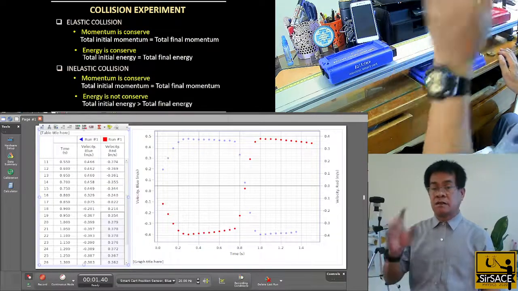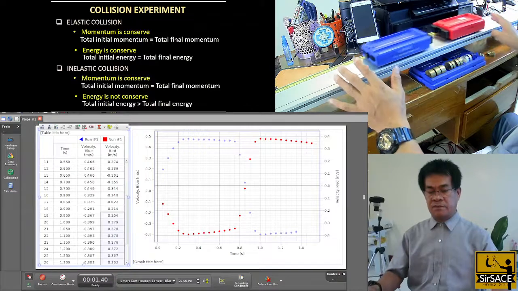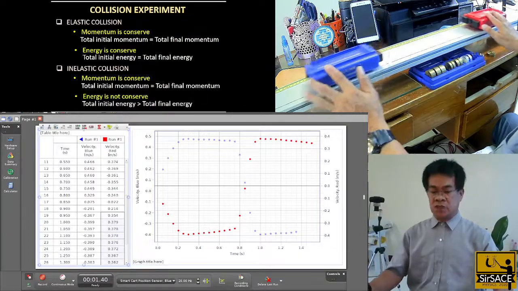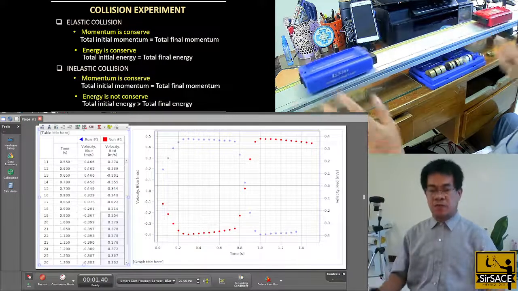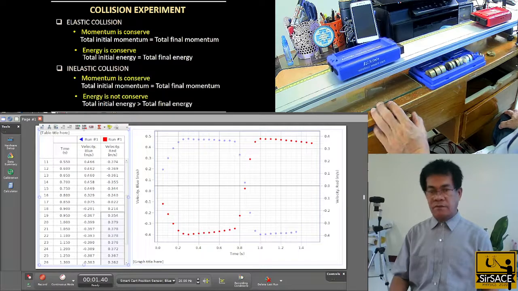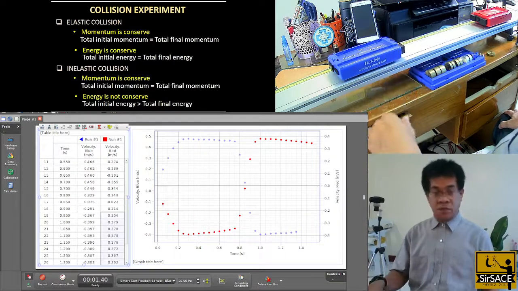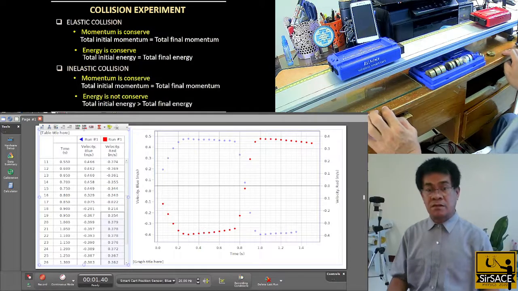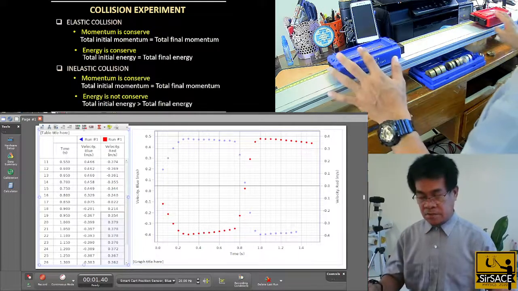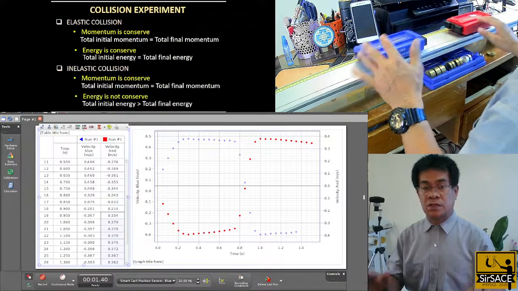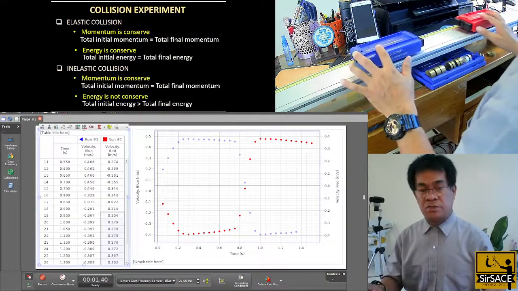But if the collision is elastic, then aside from momentum, energy is also conserved, which means the two laws can be applied to elastic collisions. But for inelastic collisions, we cannot apply the conservation of energy. We can only use the conservation of linear momentum.